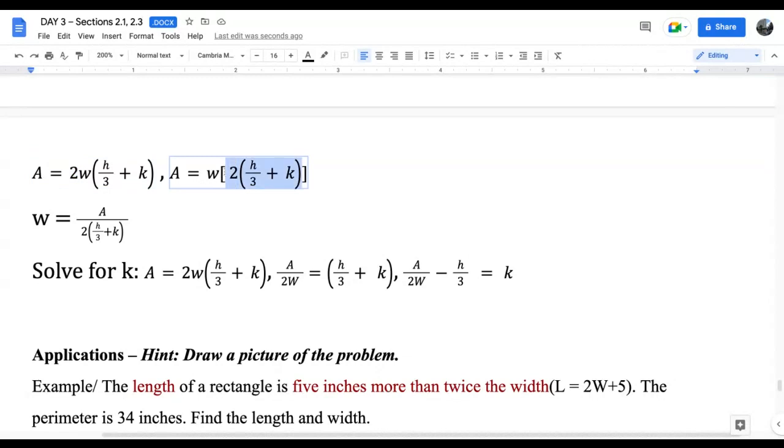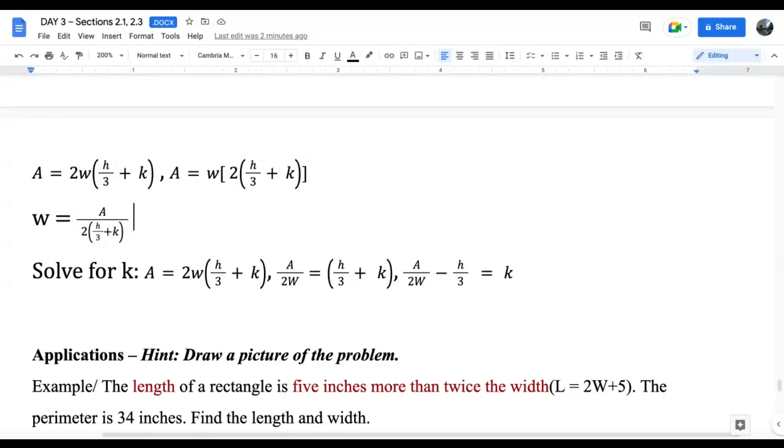Because multiplication is commutative, the 2w I can write as w2. I just divide by this 2 times h over 3 plus k. So w equals A divided by this factor. You can leave it like that.